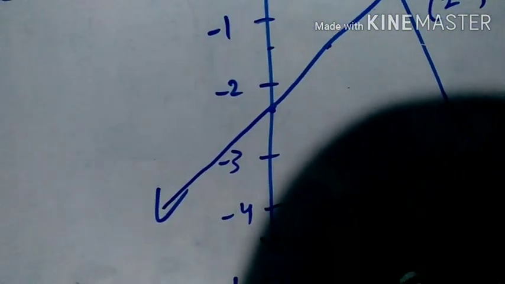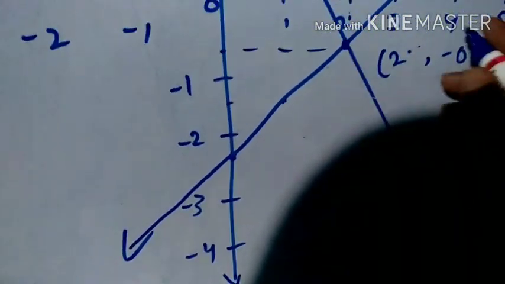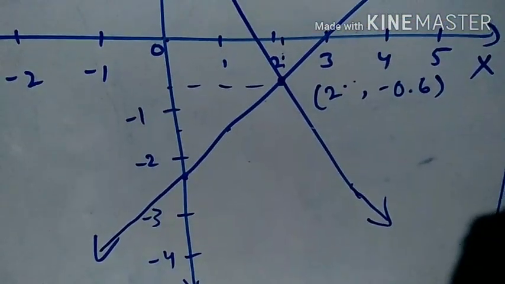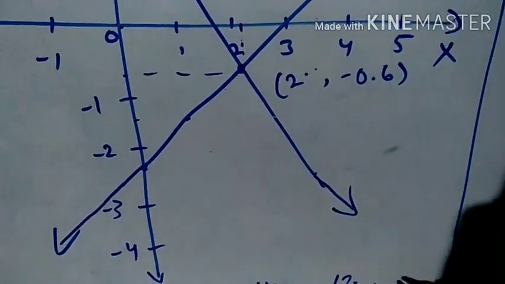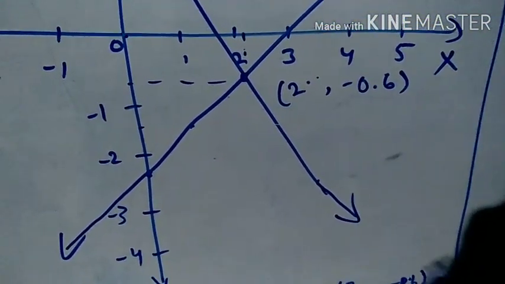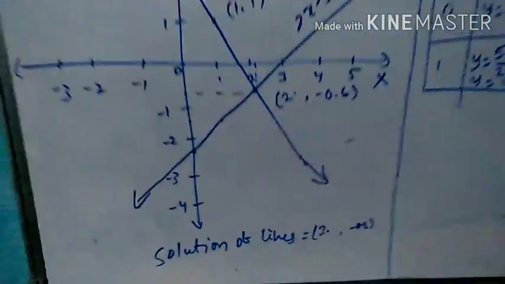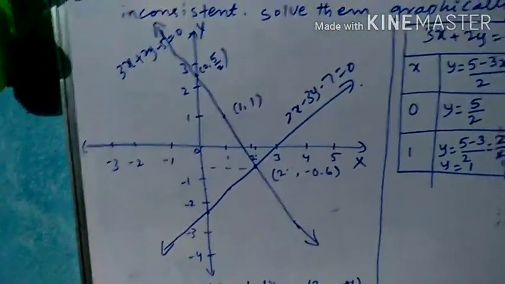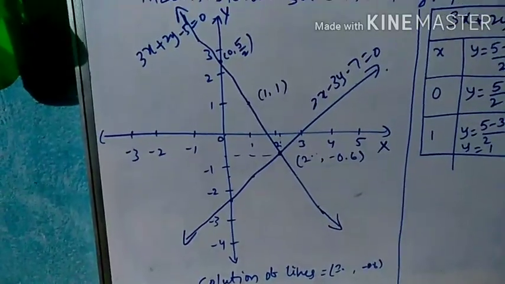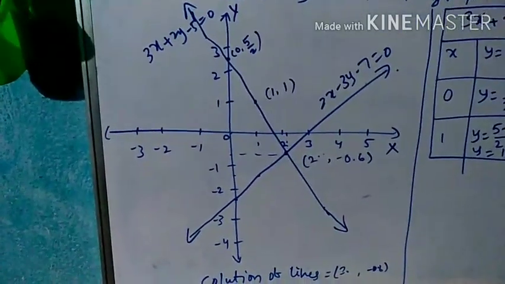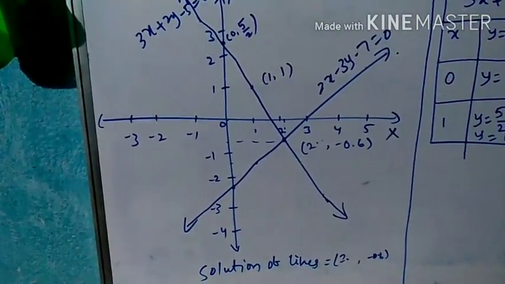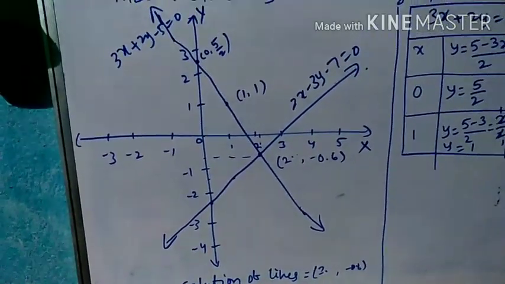Therefore the solution of the lines is something here, 2 point something or minus 0.6 or something. So like this you have to draw the graph and find the answer at the intersecting point.